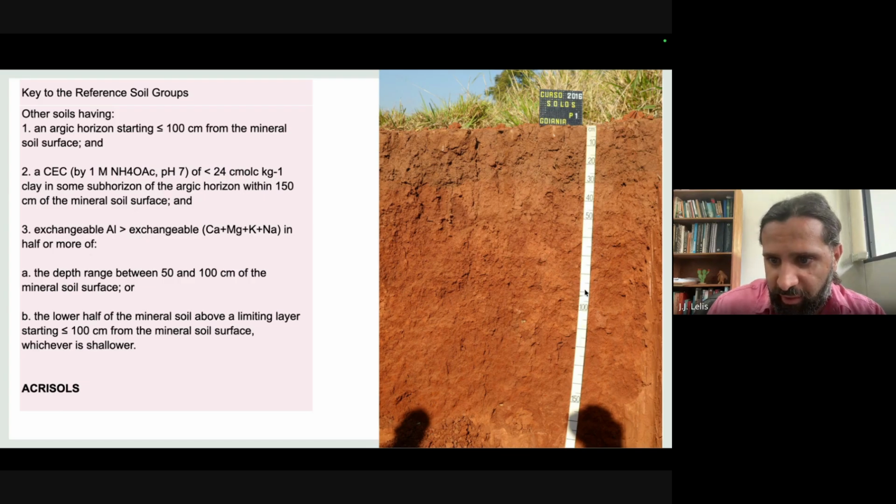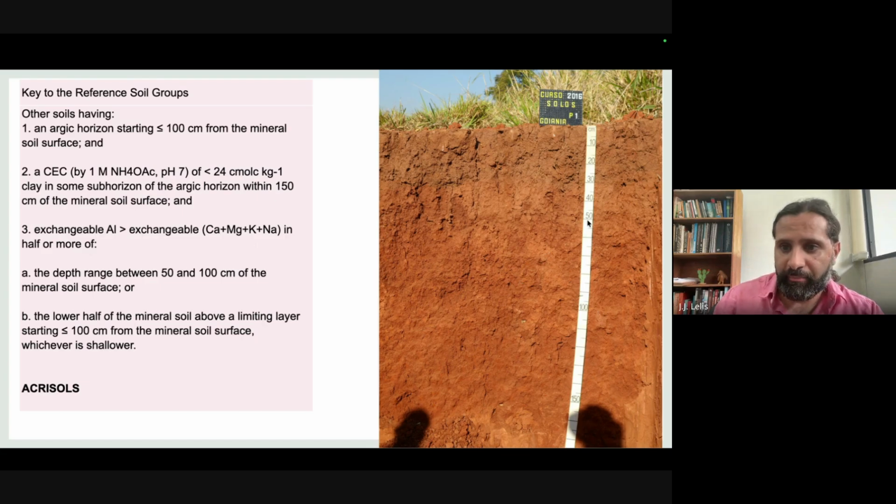So between 50 and 100 centimeters, I must register more aluminum than exchangeable bases, calcium, magnesium, potassium, and sodium, or in the lower half of the mineral soil above a limiting layer starting equal or less than 100 centimeters from the mineral soil surface, whichever is shallower. So I must register in the lower half of this material a higher content of exchangeable aluminum than exchangeable bases.